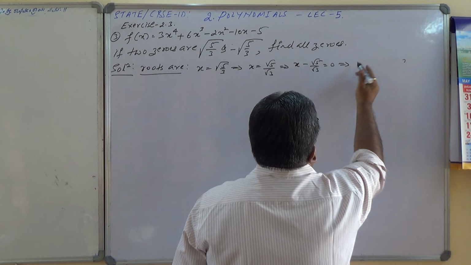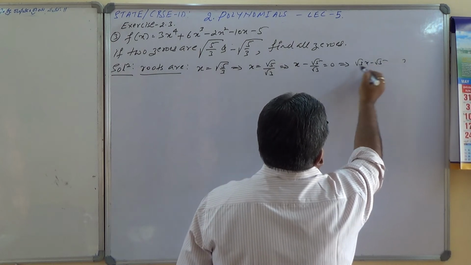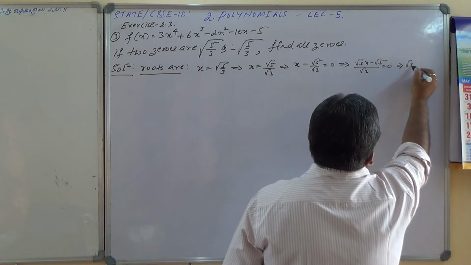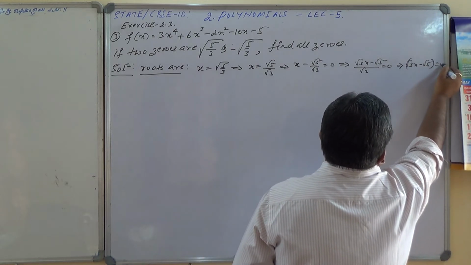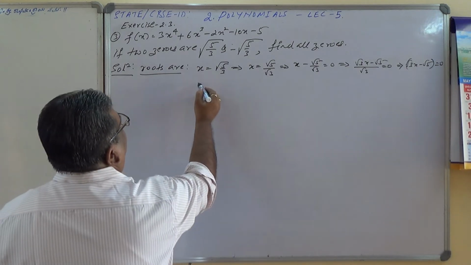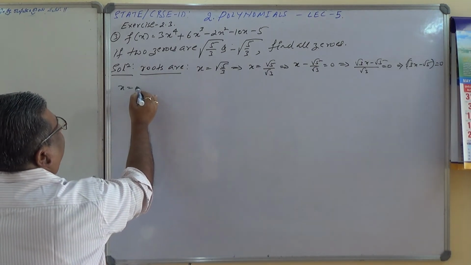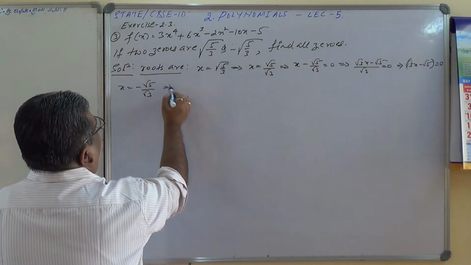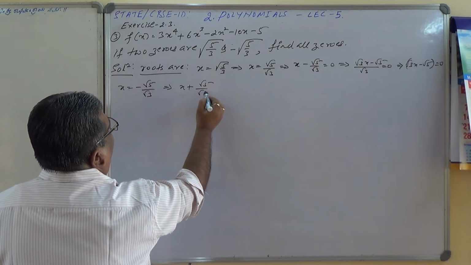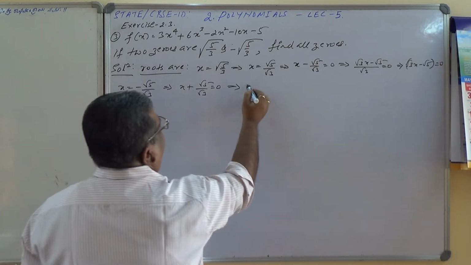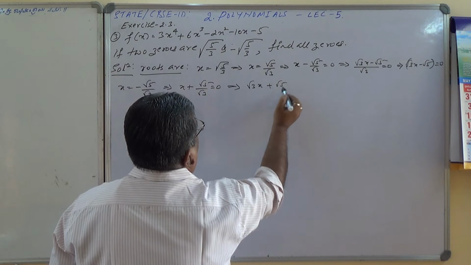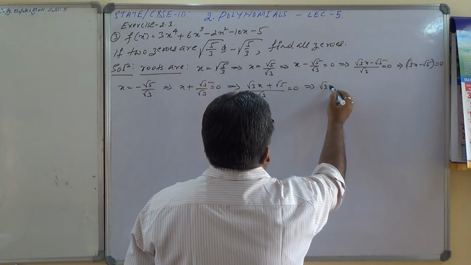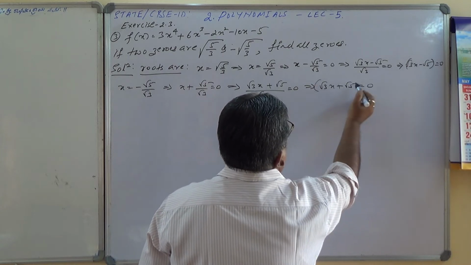Similarly, the given root is x equals minus root 5 by root 3. So here, x plus root 5 by root 3 equals 0, implies root 3x plus root 5 equals 0.